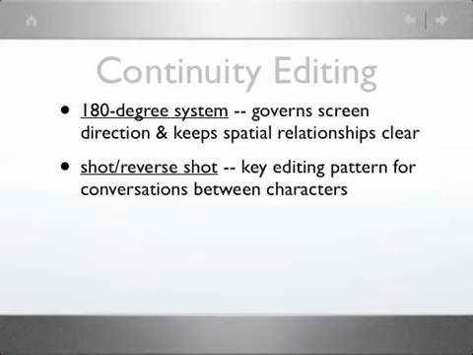And it is with the shot reverse shot sequence that the 180-degree system finds its most common use. This is a key editing pattern. The shot reverse shot pattern is a key editing pattern in continuity editing in general, utilizing the 180-degree system.